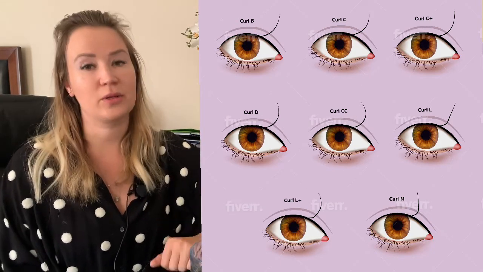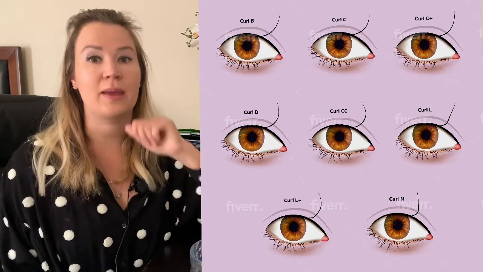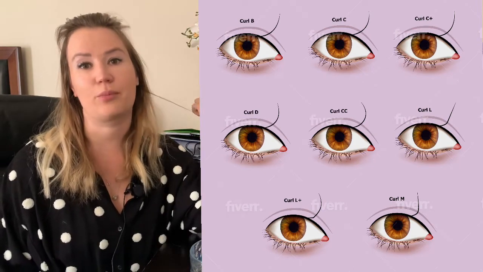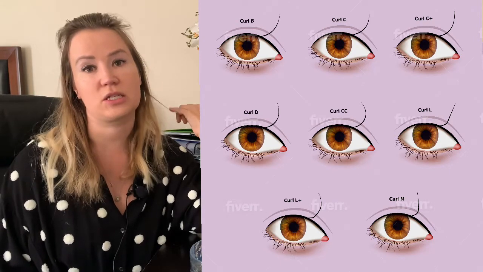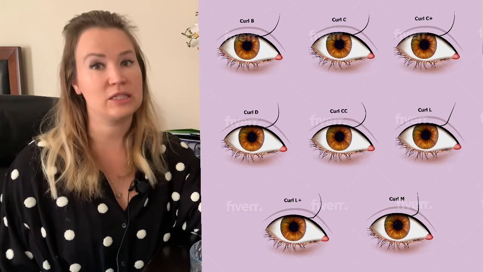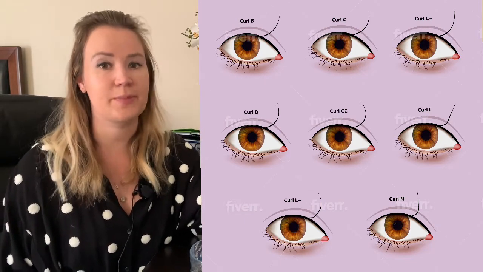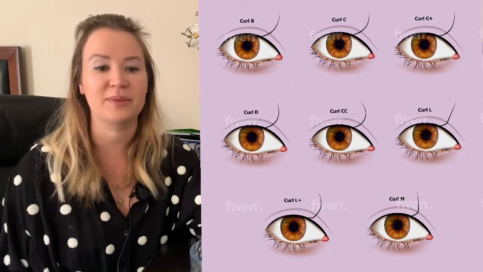Another possible area you could use this curl for is for the inner corners and for the shorter lashes, so that it doesn't break the lashes. Since they're shorter in the inner corners, you can use this J curl, and it would look good. So that's the J curl. Not my personal favorite one, but there is a place and time that this curl can be used.